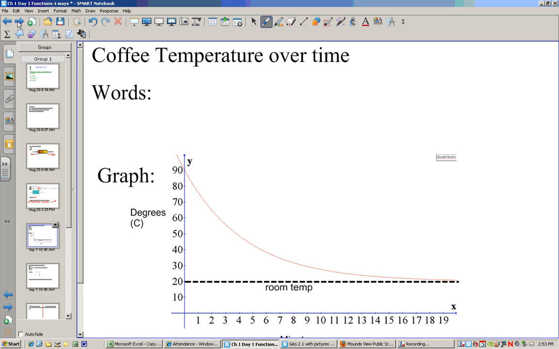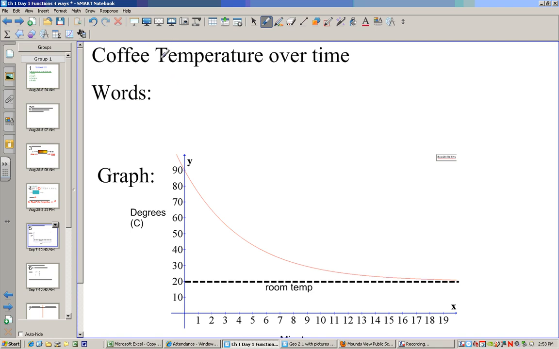Now, if we look at coffee temperature over time, say if you heat up some coffee, over time it's going to go further and further down, and it's going to move closer and closer to the actual room temperature.